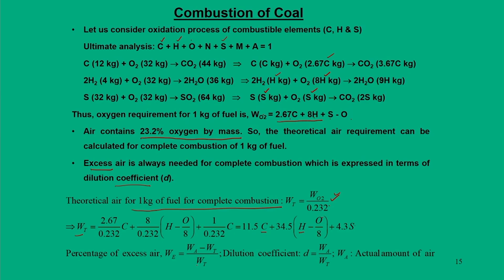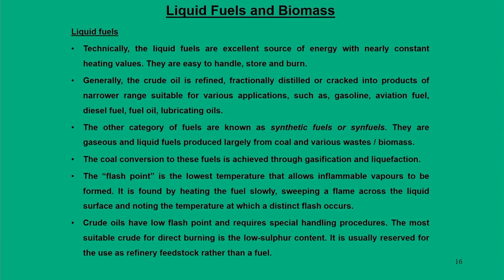From this one can also calculate the percentage of excess air, that is WA minus WT by WT. This analysis will tell us the requirement of air for 1 kg of fuel. So, this is all about the coal analysis.